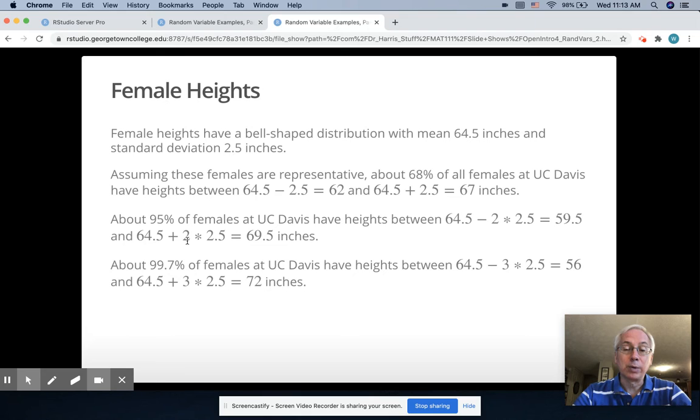We subtract 3 times 2.5, that's 7.5. So we take 7.5 away, we get 57, sorry, that should be 57 there. So it's 57, and if we add 7.5, we get 72. So sorry for the typo, but 99.7% of the heights should be between 57 and 72 inches.